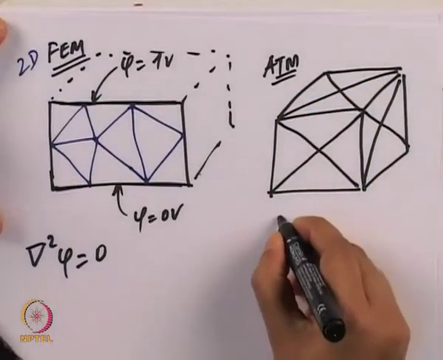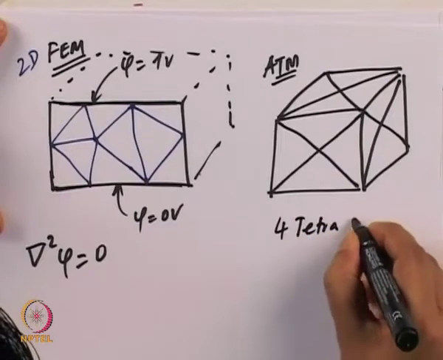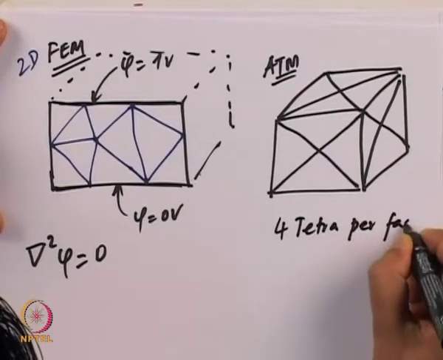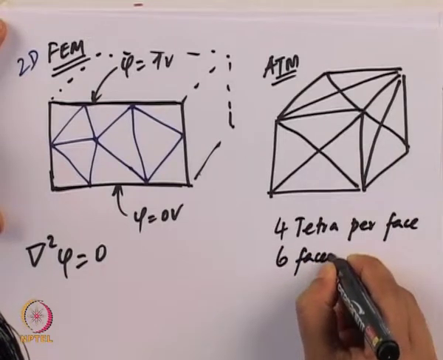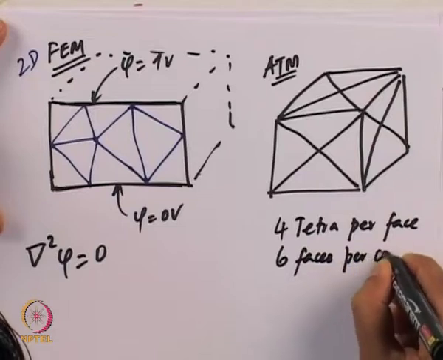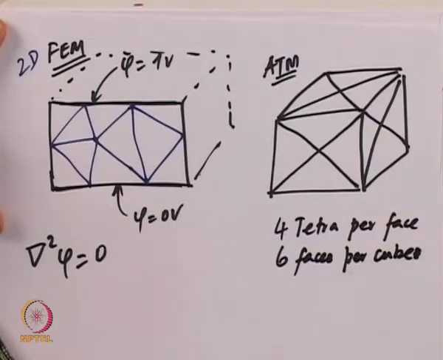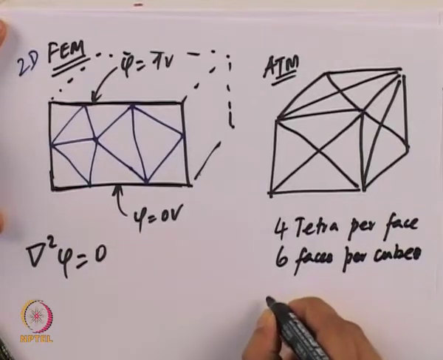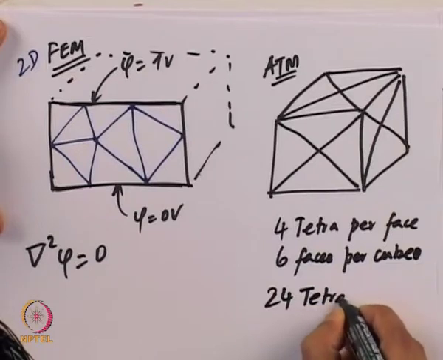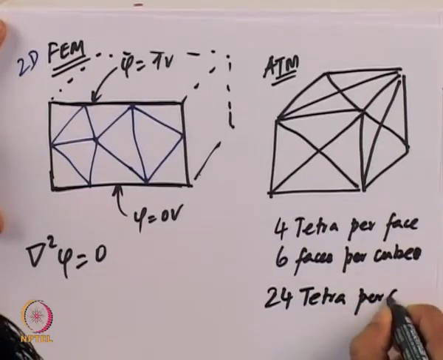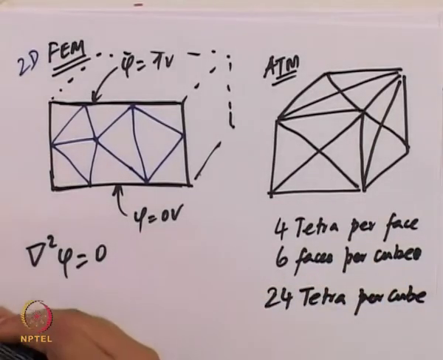So there are going to be 4 tetrahedrals per face, and there are totally 6 faces per cube. So we are going to have totally 24 tetra per cube. This is going to be a larger number of elements.